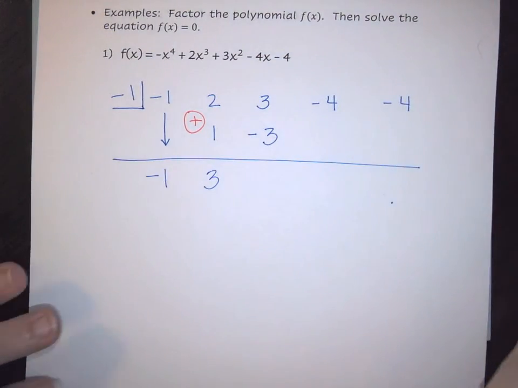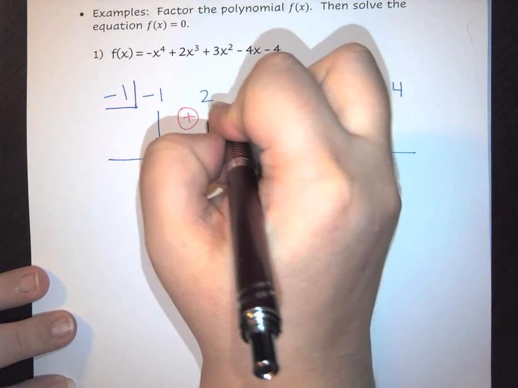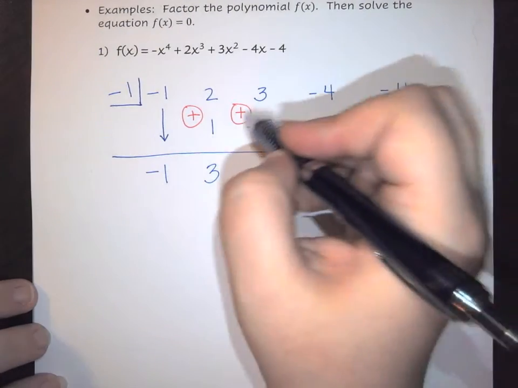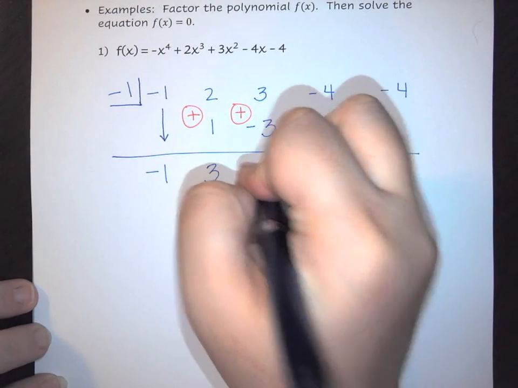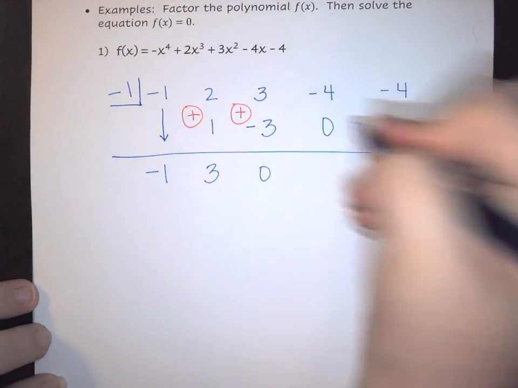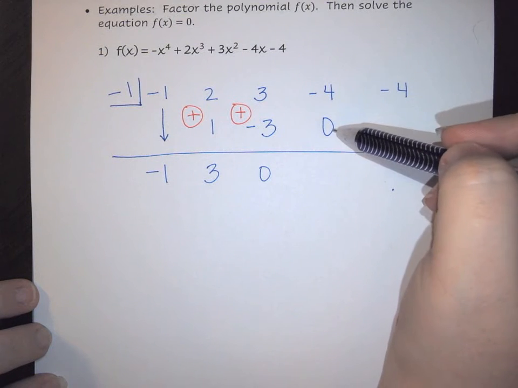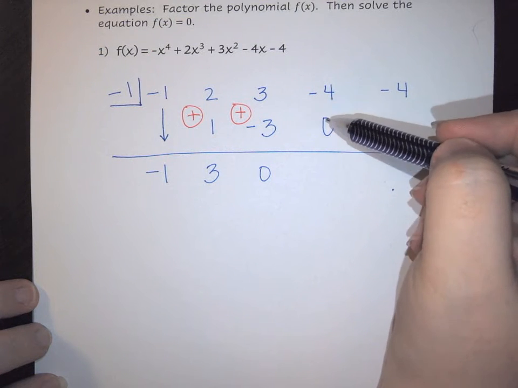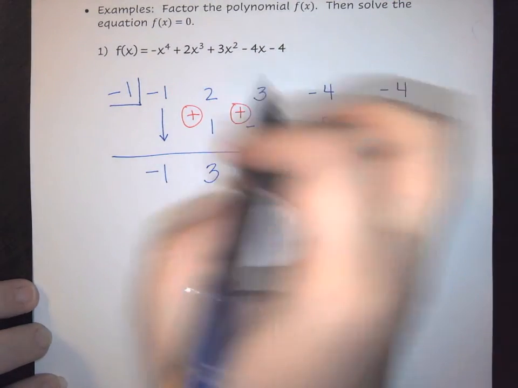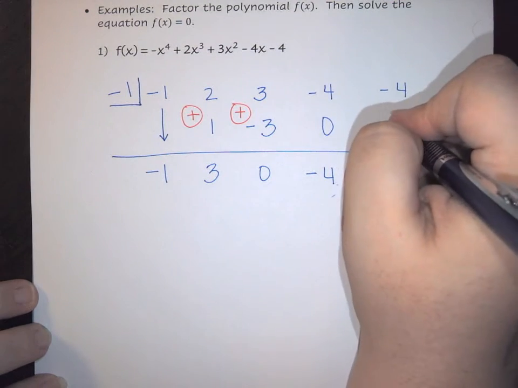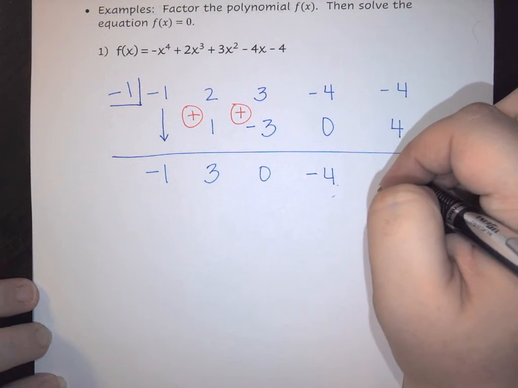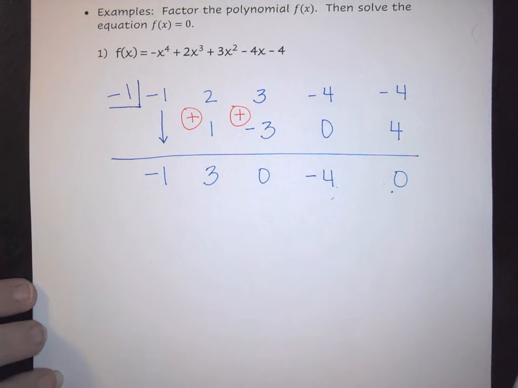We're going to do our old school vertical addition again. So 3 plus -3 is going to give me 0. Bottom number times the box gives me 0. We're going to do our old school addition, so -4 plus 0 is going to give me a -4. Bottom number times the box is going to give me 4. I'm going to do my old school addition again, and here we get a 0.